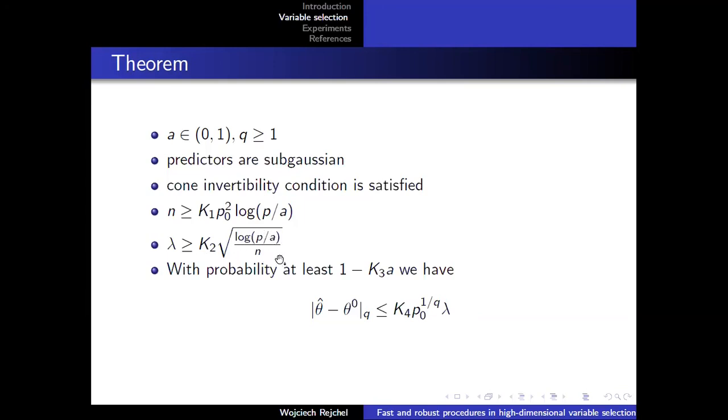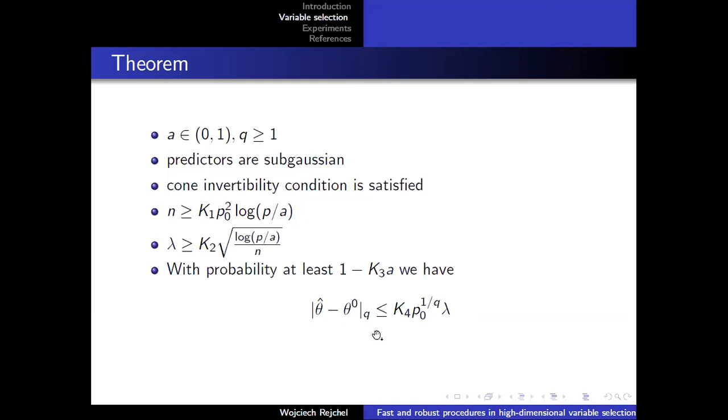As you can see, this will be small even if the number of predictors depends polynomially on n, or even if it depends exponentially with some small exponent on n, so it works in the high-dimensional case.